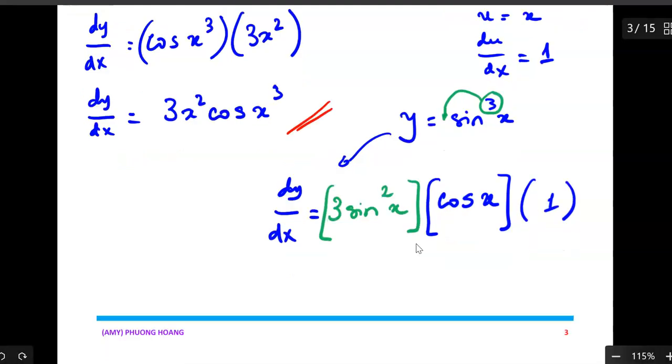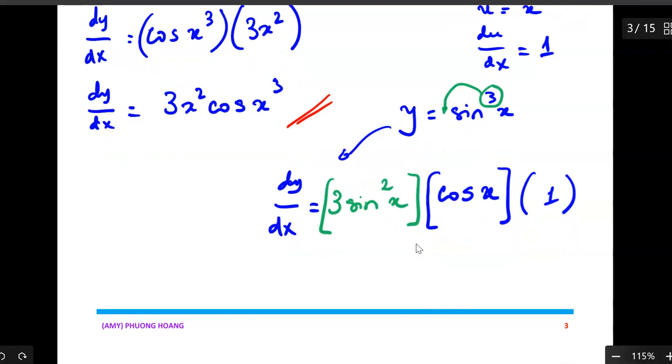Okay, so let me make a note here. So this is the power rule, and this is the derivative of sine. And then this one is the derivative of x.